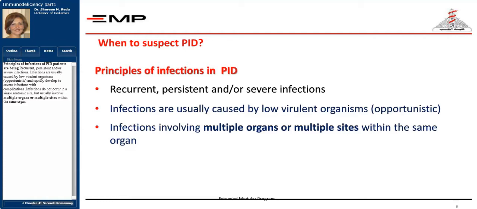The infections are usually caused by low virulent organisms, what we call opportunistic organisms. Infections involve multiple organs, like pneumonia, encephalitis, liver abscesses, gastroenteritis, and skin infection, all in one patient, or sometimes multiple sites of infection within the same organ, like multiple liver abscesses or multiple abscesses in the lungs.